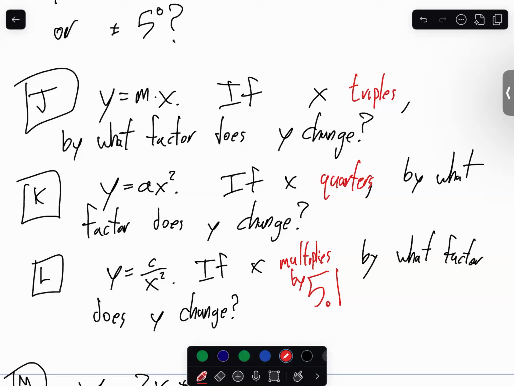If m is 7 and x is 2, 7 times 2 is 14. If I triple x, I get 7 times 6 is 42. What is the ratio of 42 to 14?